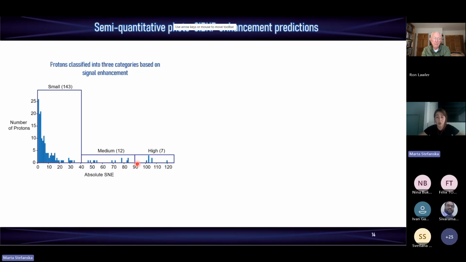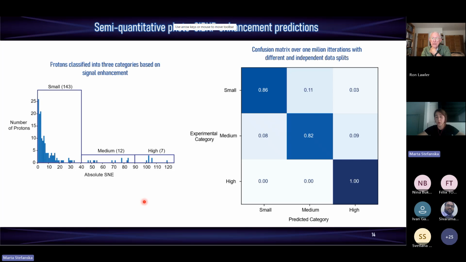And this only shows you that this very high Photo-CIDNP enhancement above a factor of 90 is not something very common. However, my models were able to first train on the training set and then predict, based on these theoretical properties that I calculated, the Photo-CIDNP enhancement category for the tested molecules.